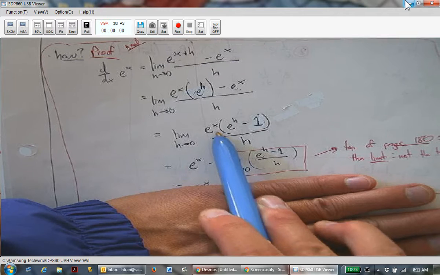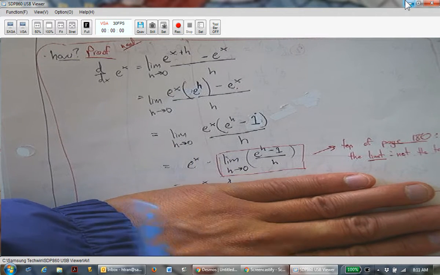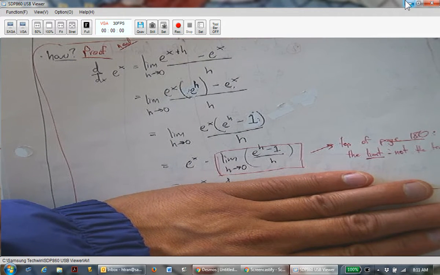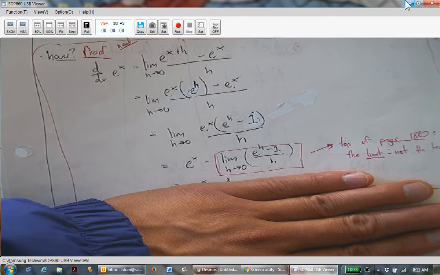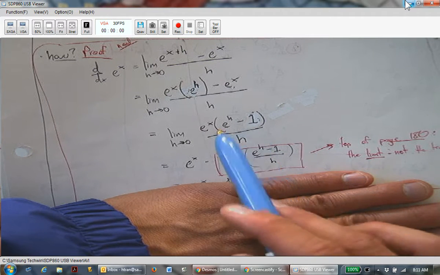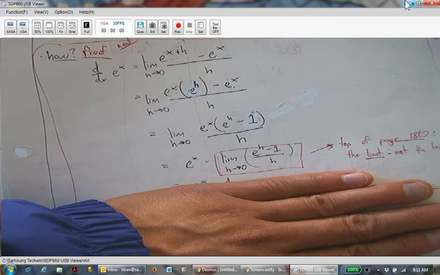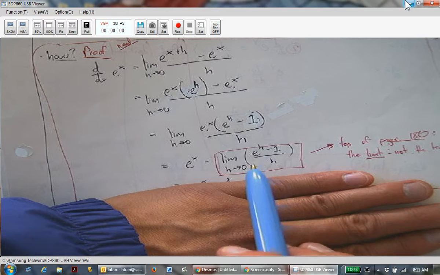So you can pull e to the x out on the outside of the limit. It's not a very common mathematical move, and it's not always useful, but for the context of this proof it is useful. So don't be confused.